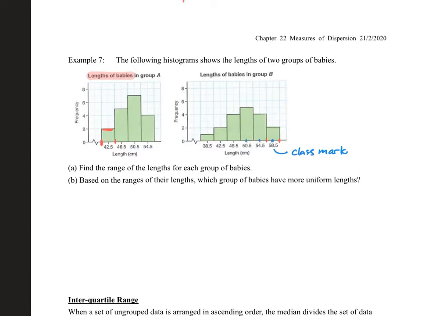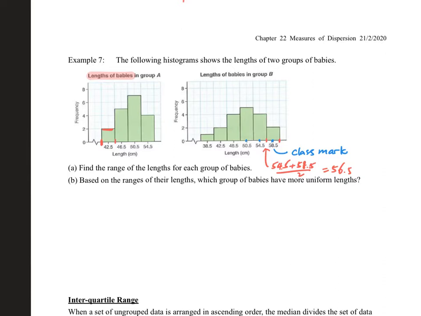You need some calculation, or you can do it mentally. For the last one, it's right between 54.5 and 58.5. If you can do mental math quickly, you've got the answer 56.5. If you can't, you can take the average: 54.5 plus 58.5 over 2, which gives you 56.5.